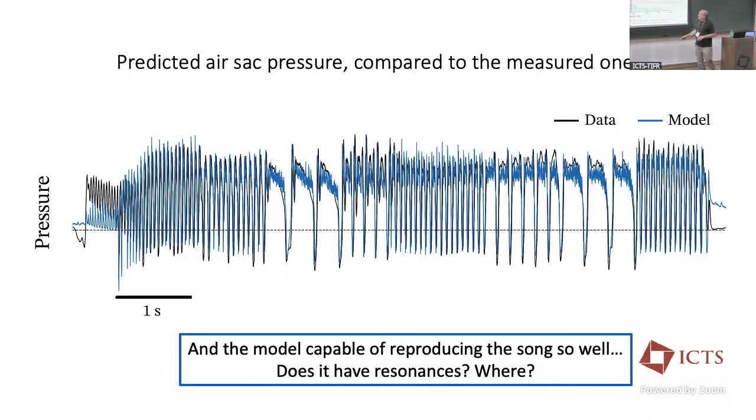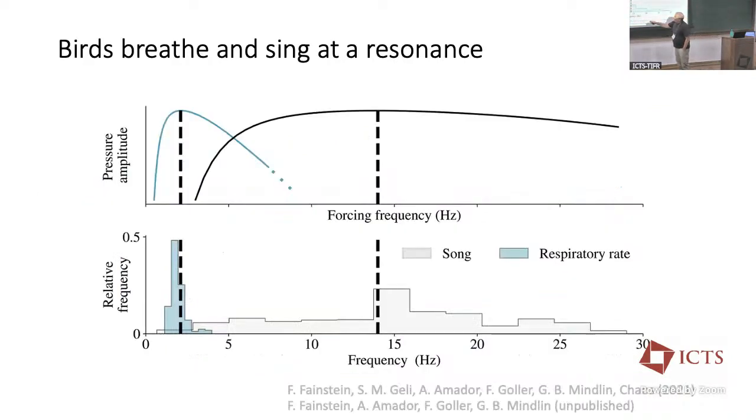And what you get is the following. This is the resonance of the normal respiration, and this is the distribution of the respiratory rates, and this is the distribution of the frequencies of this bird that have a mean at around 14 hertz.